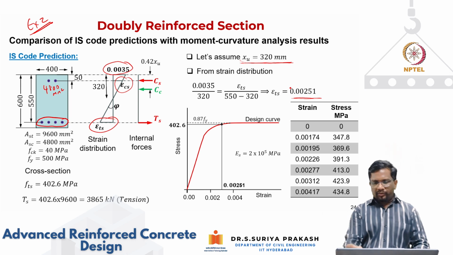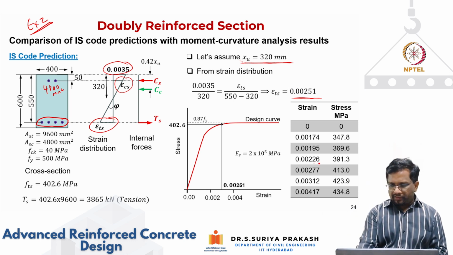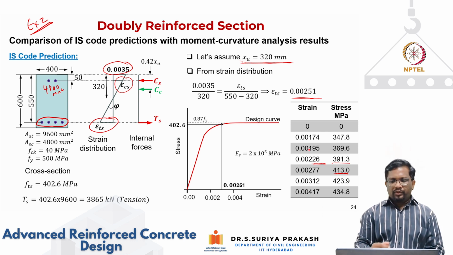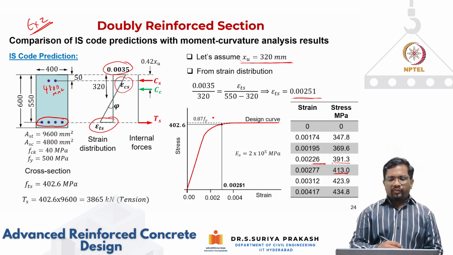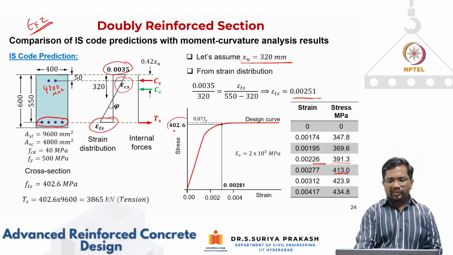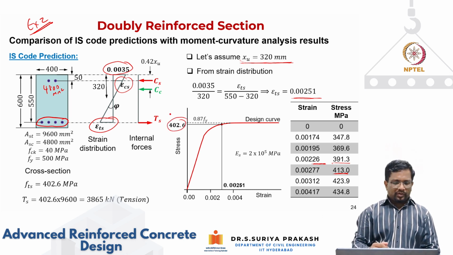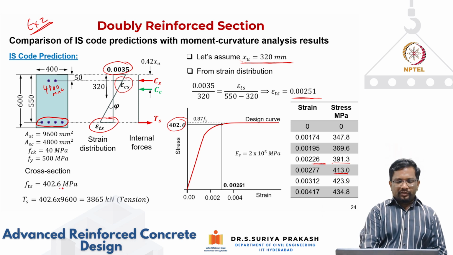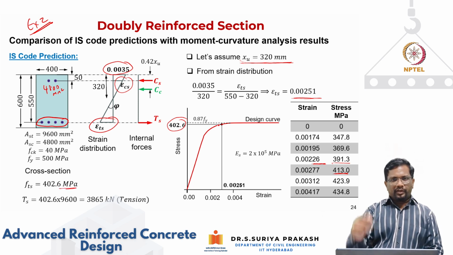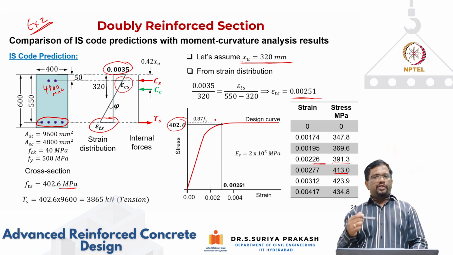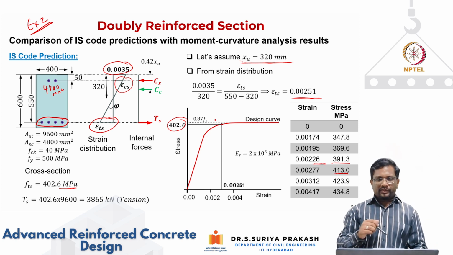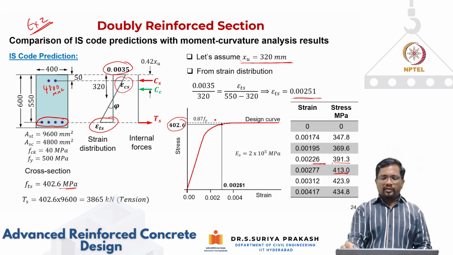For 0.00251, you see here, this is somewhere in between 391 and 430. So when you do interpolation on the stress curve, it works out to be 402.6 megapascal. In elastic perfectly plastic it is very easy, but here I have to follow the design stress strain curve specified by IS 456, which has different ranges.